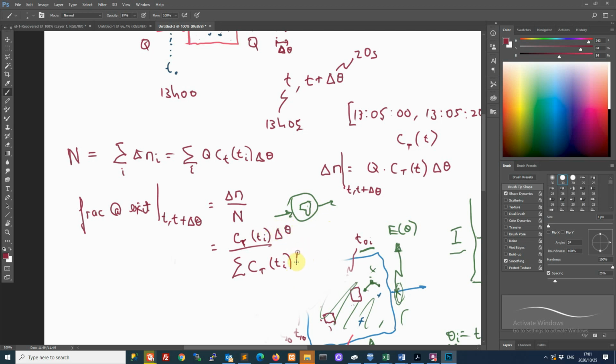Let's not cancel the delta theta. Okay, so the only thing we canceled here eventually was that Q, okay, which is fine. So we agree that's the fraction at the exit point in this range.